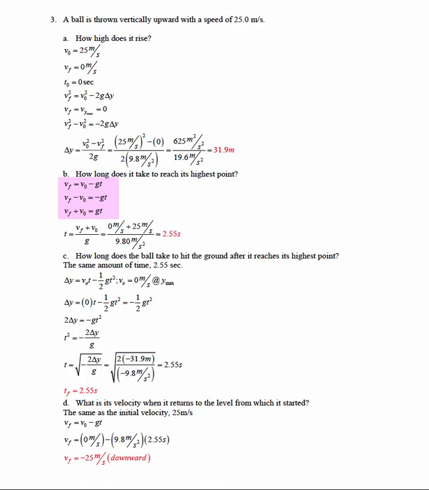Velocity final minus velocity initial, when we move it to the other side, is equal to minus the gravity times time. Again, if we move the negative sign, that's an understood minus 1, to the other side of the expression, you can see that what we end up with then is a negative becoming a positive on the other side.